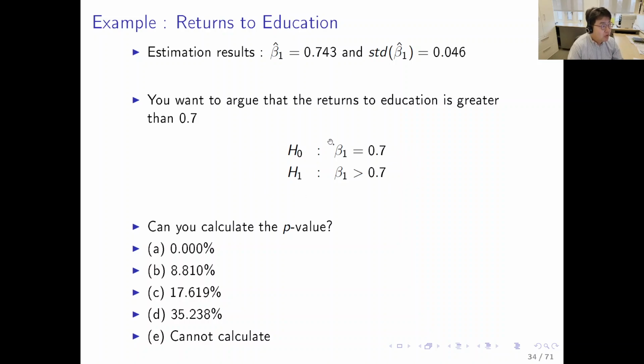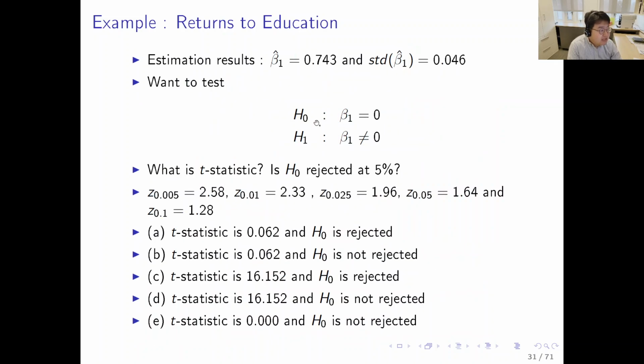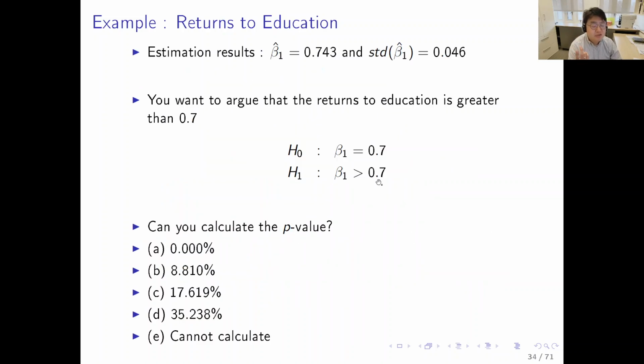Okay, so then we have to recalculate everything again. The t statistic we calculated was based on a two-tailed test about 0. But now we are concerned with an upper tail test at 0.7, right? So they are different, but it's not that different.